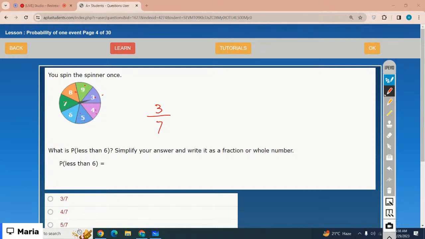The correct option is 3 over 7. Option number 1 is the correct option.